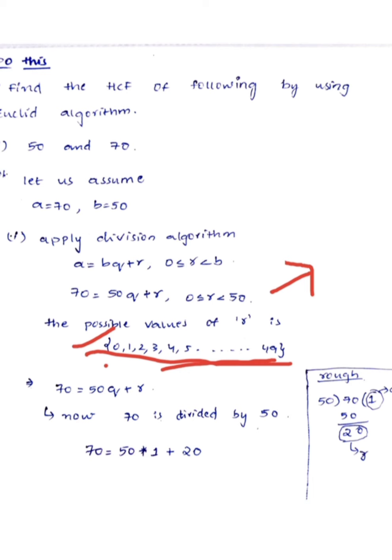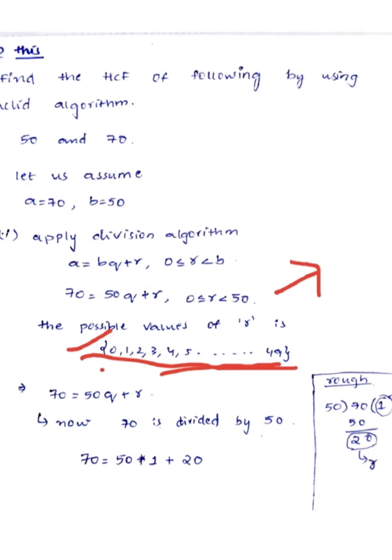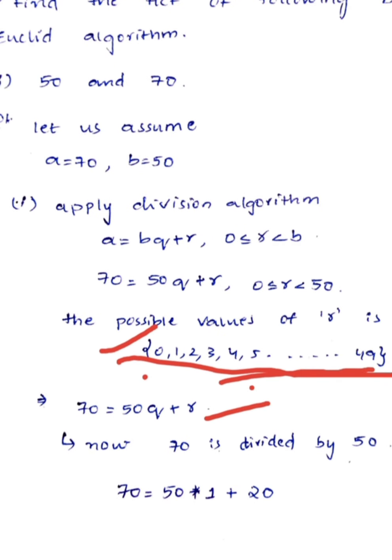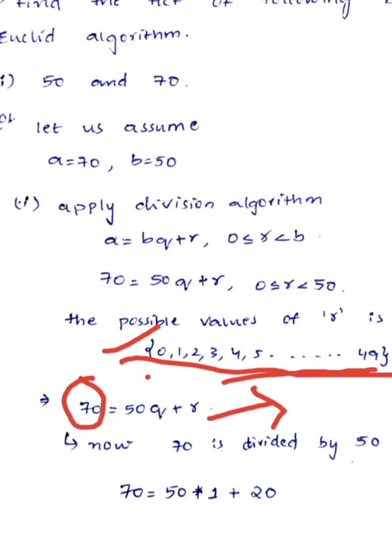So here is some simple method. Now this is the equation which we got, 70 equal to 50q plus r. We need to divide a by b, that is now 70 is divided by 50 and we are going to get quotient and remainder. The quotient is considered as q and remainder is considered as r.